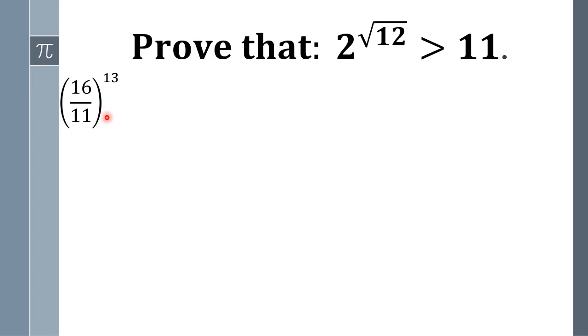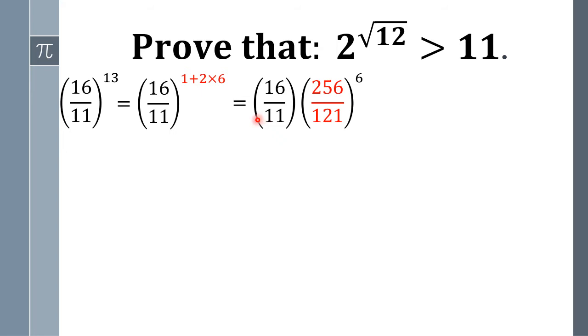We notice that 16 squared is very close to 2 times 11 squared. So we write 13 as 1 plus 2 times 6, which is equal to 16 over 11 times 256 over 121 to the 6th power.